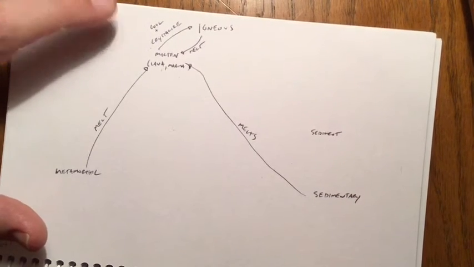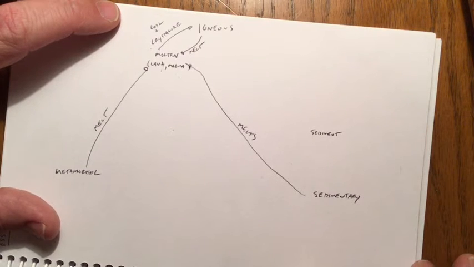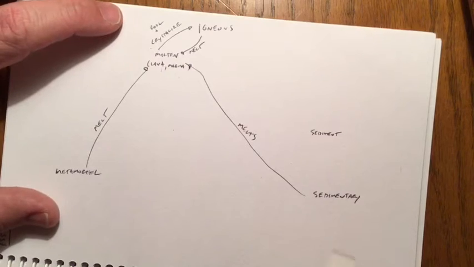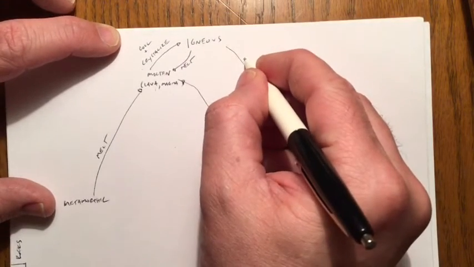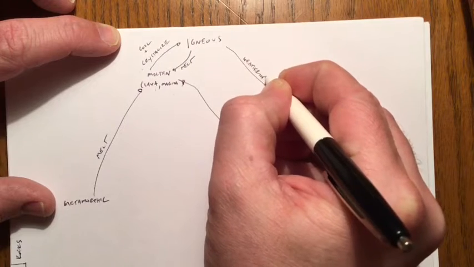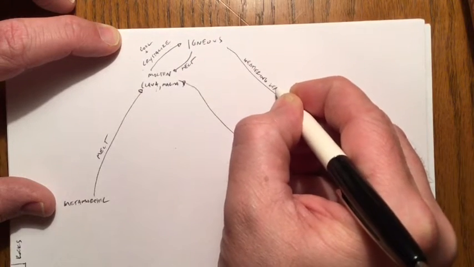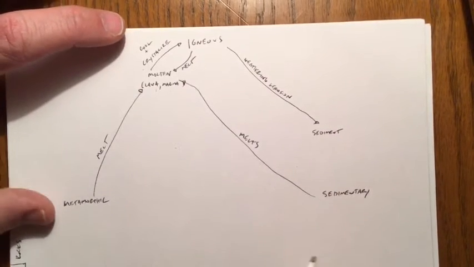Now, sediment can be sand, dirt, mud, silt, clay, broken down rock materials. And the way rock materials get broken down is through weathering and erosion. So if an igneous rock is exposed to the elements, wind and water, it's subjected to weathering and erosion, and it becomes sediment.